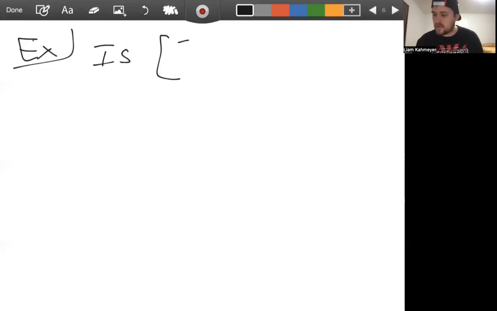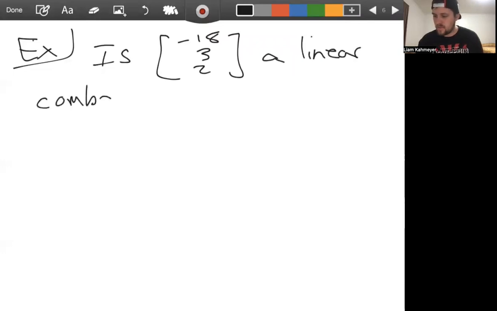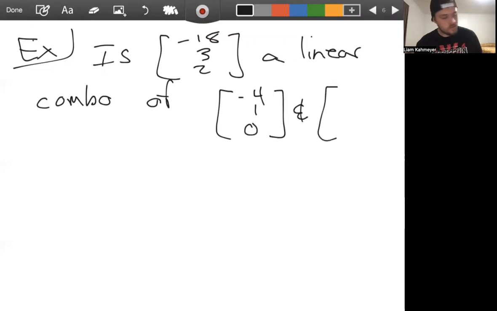And it's always a good question to ask. So here's a little example. Is the vector -18, 3, 2 a linear combination of the vectors -4, 1, 0 and -3, 0, 1? Well, how do we know?